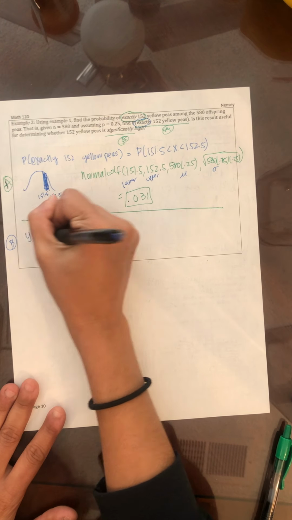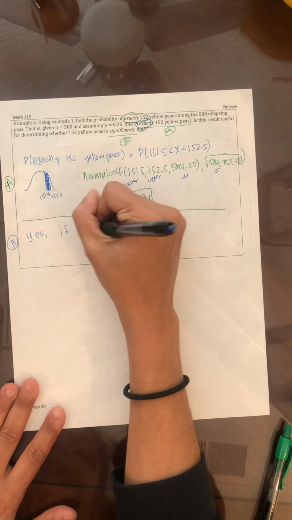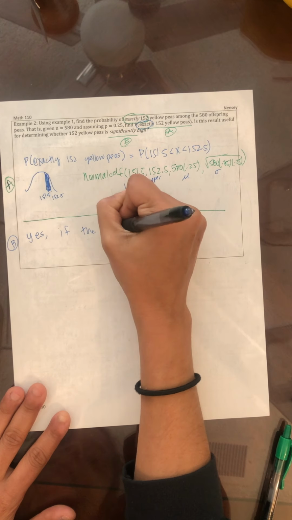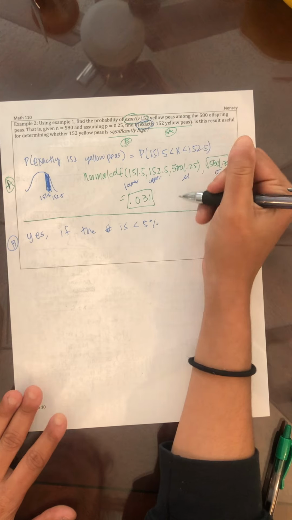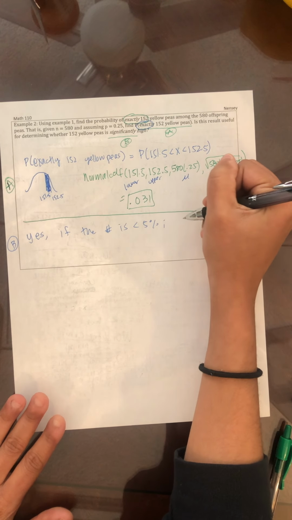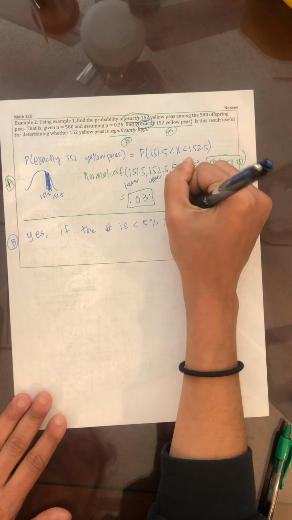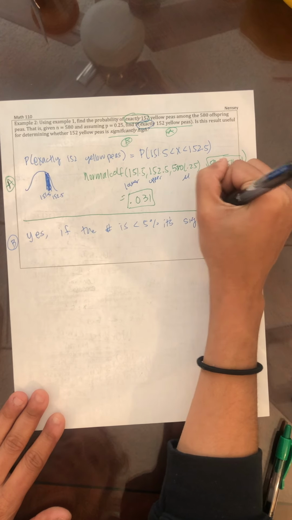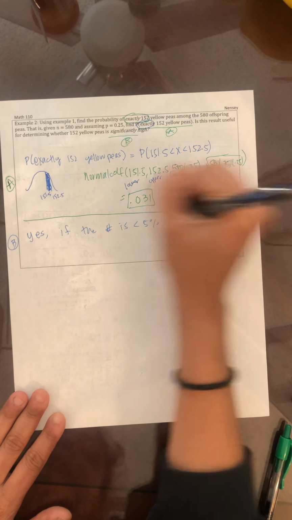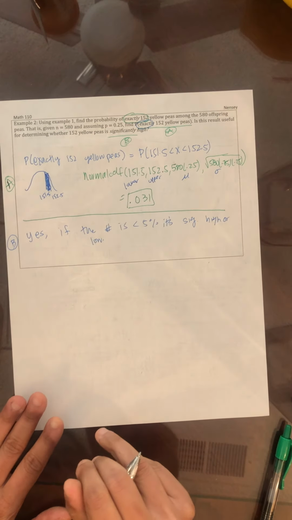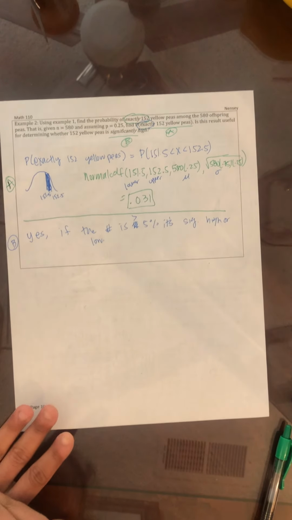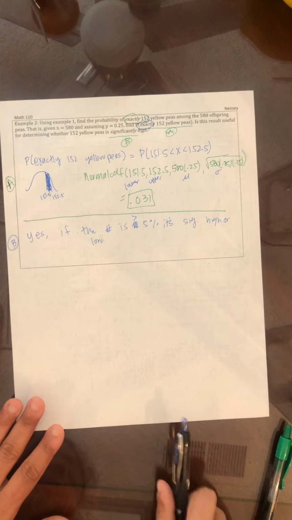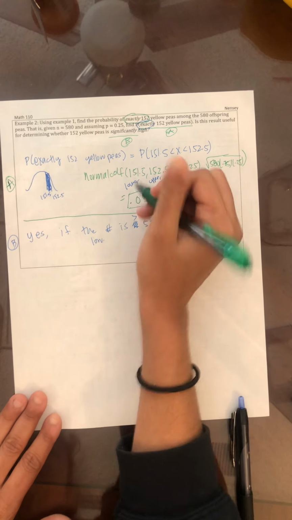Yes, it does. If the number is less than 5%, remember that rule? It's significantly high or low. Sorry, if it's greater than. Okay, so in this case, I'm going to write this out.